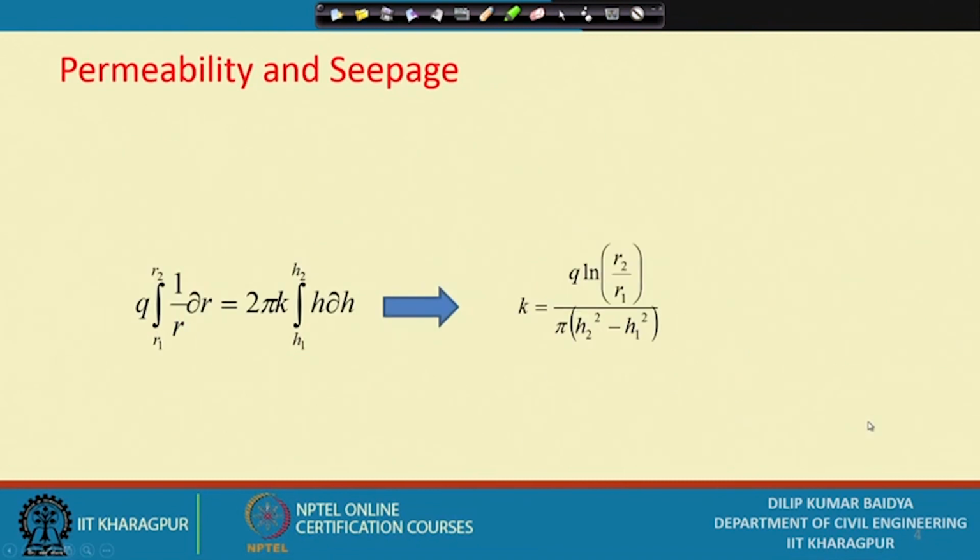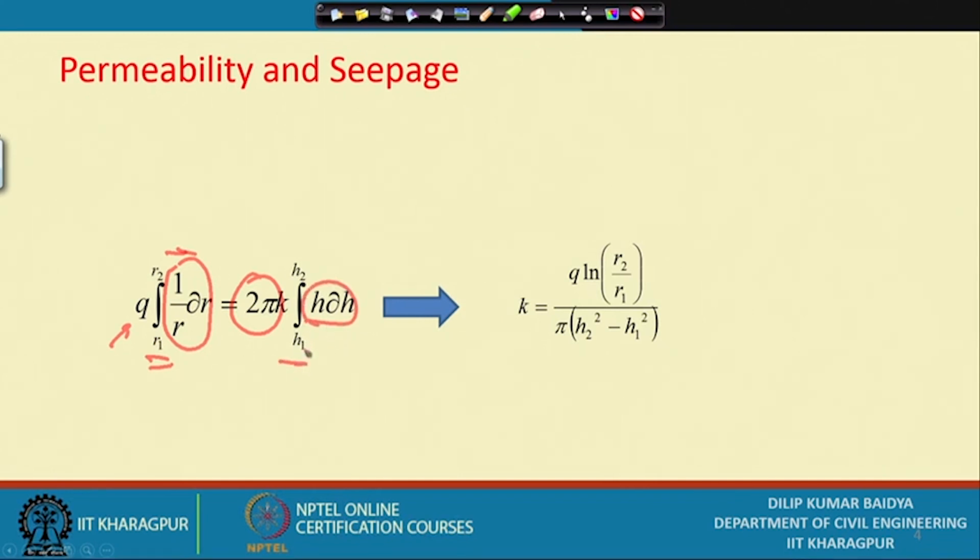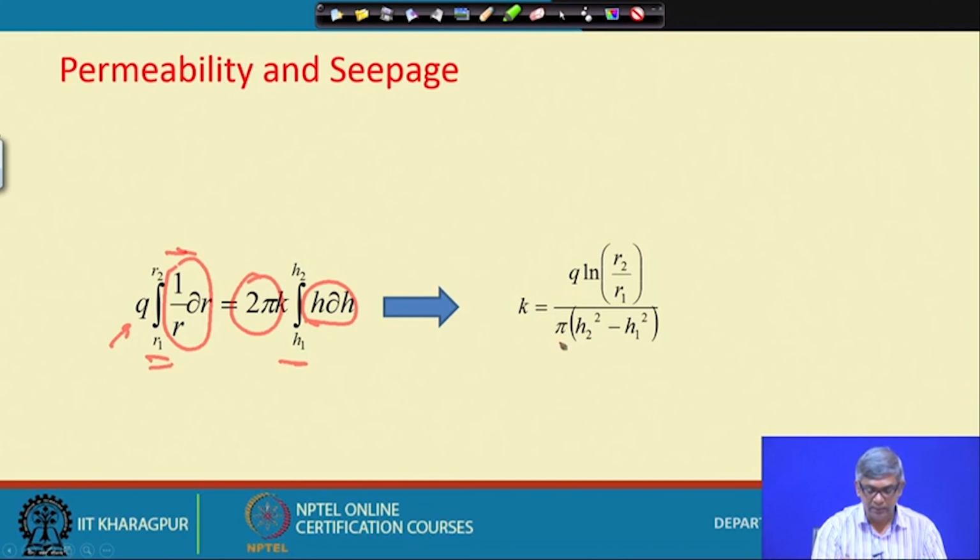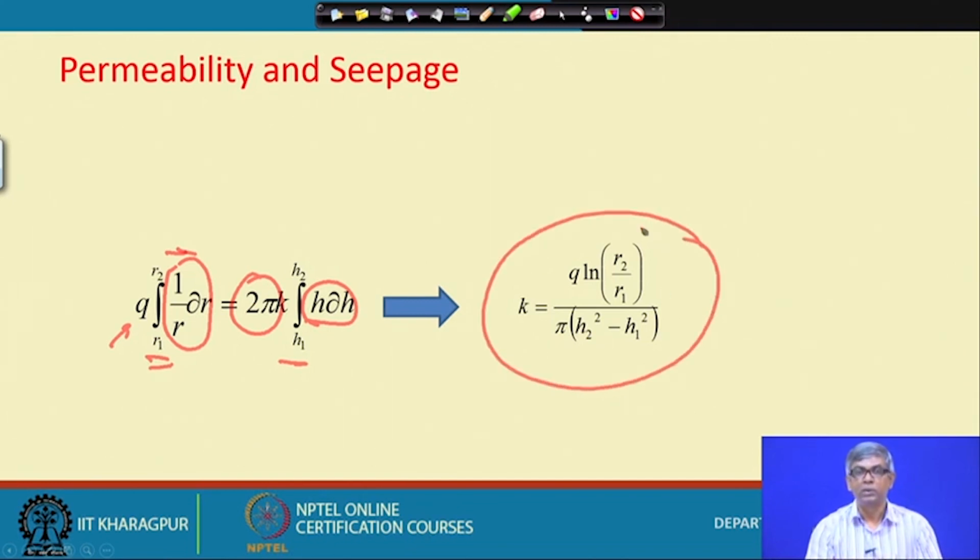Putting it in integral form, since we have two observation wells r1 and r2, I can put the limit r1 to r2, with q already there, 1 by r del r as the variable, and 2 pi k outside as a constant, and h del h as the variable with limits h1 and h2. If I integrate and simplify, I finally get the equation for k: k equals q ln(r2 by r1) divided by pi (h2 square minus h1 square). So, this is the one equation.